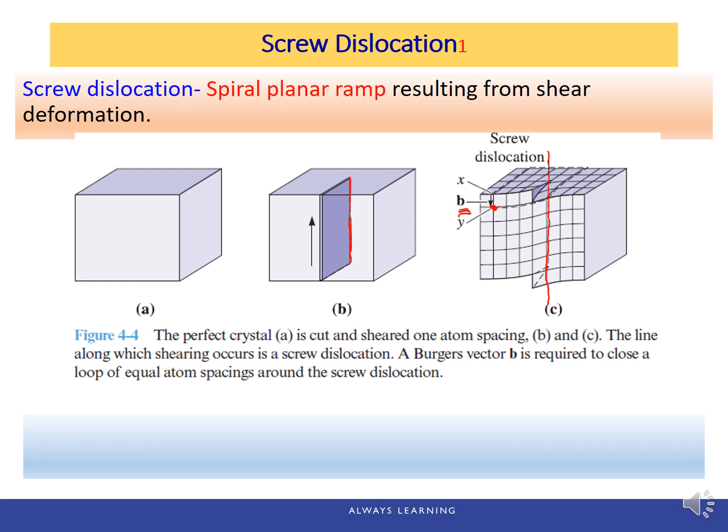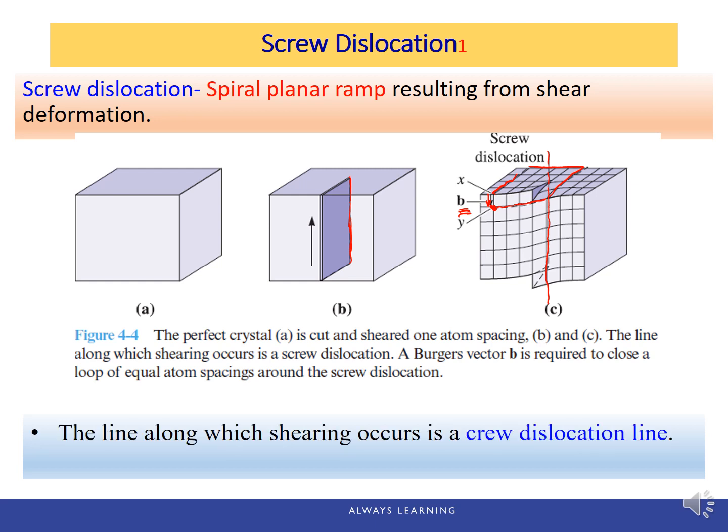Take 4 steps again, 1, 2, 3, 4, and change the direction. 1, 2, 3, 4, and change direction. 1, 2, 3, 4, and then go all the way back, 1, 2, 3, 4, and this Burgers vector is used to close the loop. So again, now you can see this loop is not within one plane, but is kind of a ramp, right? It goes from top, goes down. So that's where the name screw dislocation comes from.